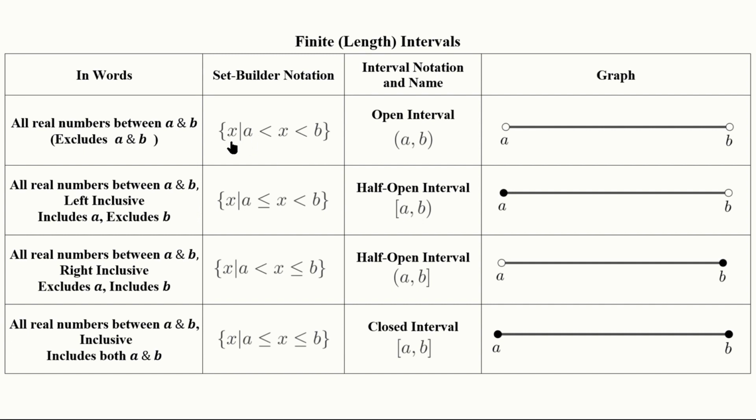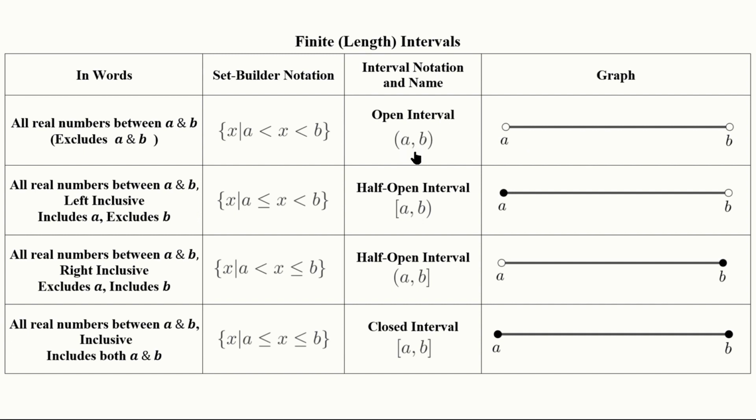So it's implicitly clear. So when neither endpoint is included, we consider that to be what's called an open interval.